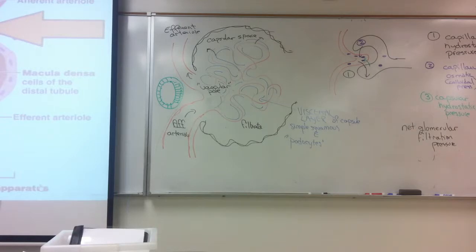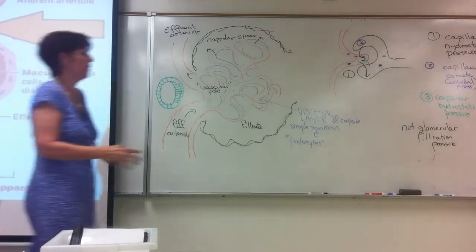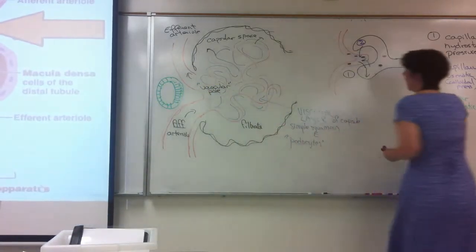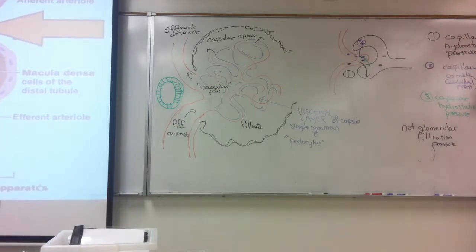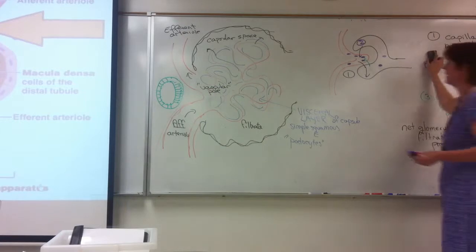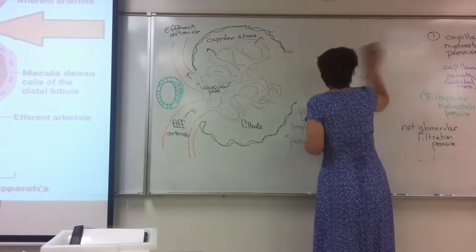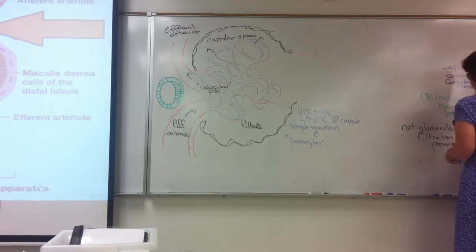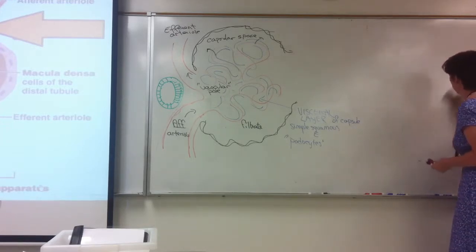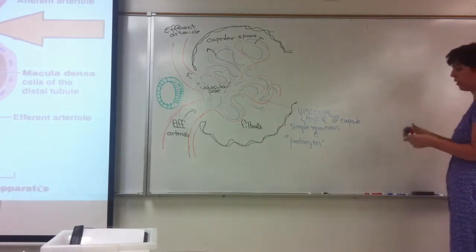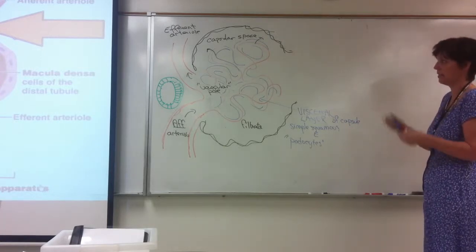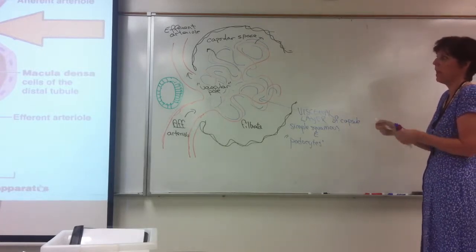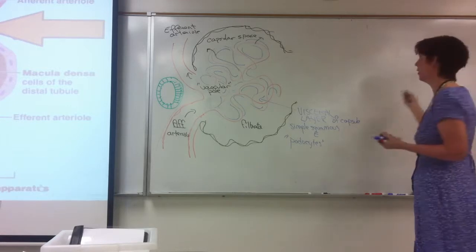So I'll write a list of those structures: simple cuboidal, simple columnar. And so we have this group of cells that form the juxtaglomerular apparatus.